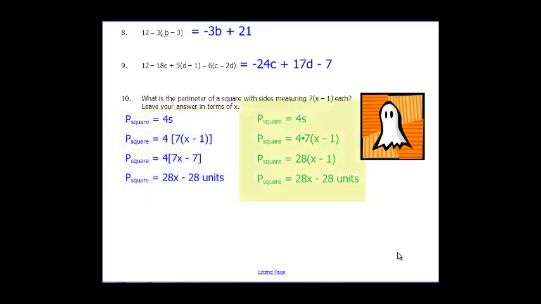In the second example, you'll see that I plugged in the 7 times x minus 1, but I did the 4 times 7 first. That's because I can look at that as 4 times 7 times x minus 1, and I can choose, because of the associative property, to do the 4 times 7 first. I still get the same answer, and it's nice to see sometimes that two different methods will give us the same answer.